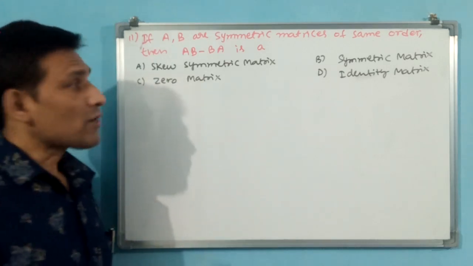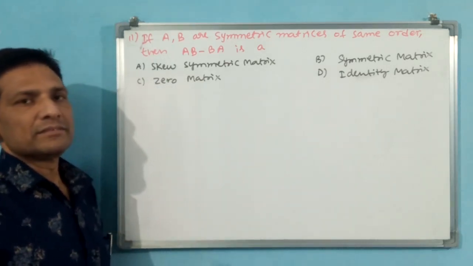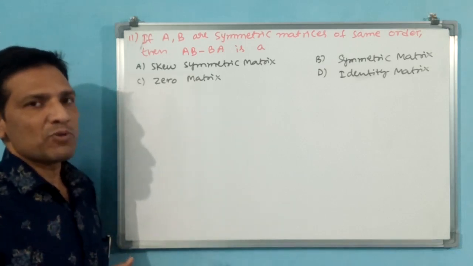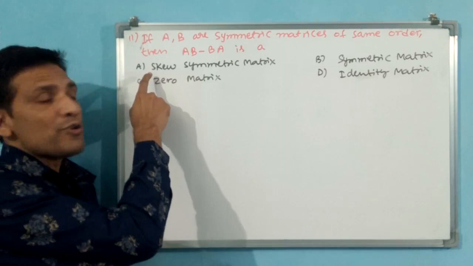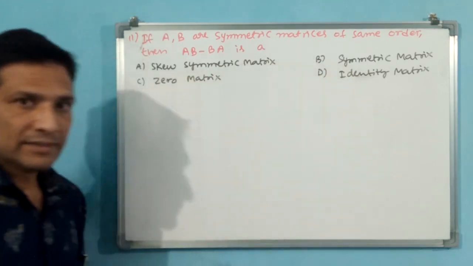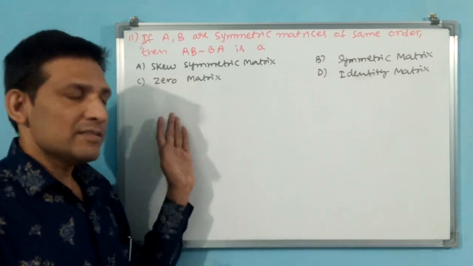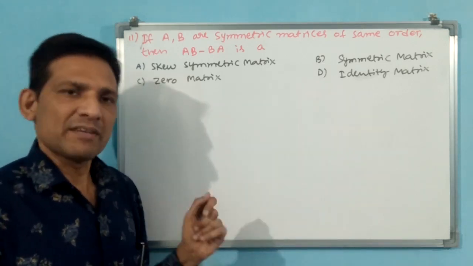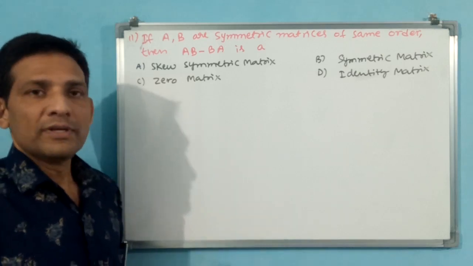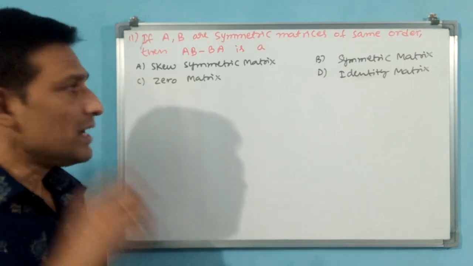You see, what do you have to do here? You have to do transpose. Why? Because unless you do the transpose process, you are not going to know whether it is skew symmetric or symmetric. Why? Because these two are there. If not that, then it may come as a zero matrix or identity matrix. That will be a different case. But you have to do transpose. Okay, let us do transpose.